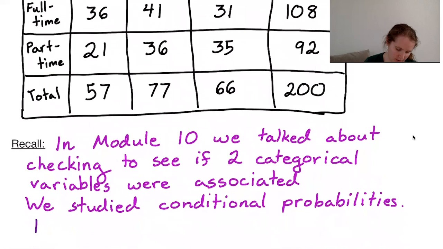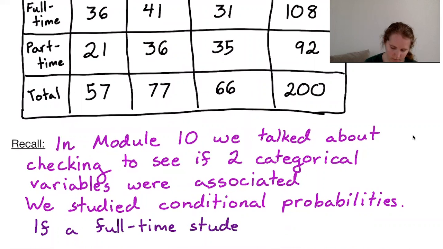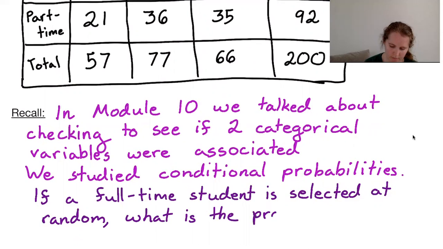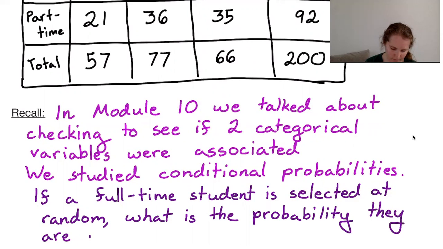If a full-time student is selected at random, what is the probability they are majoring in the natural sciences?